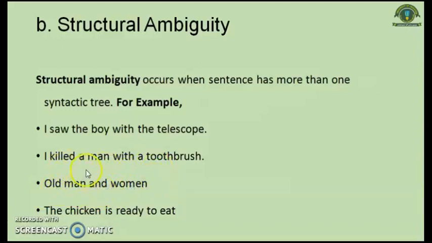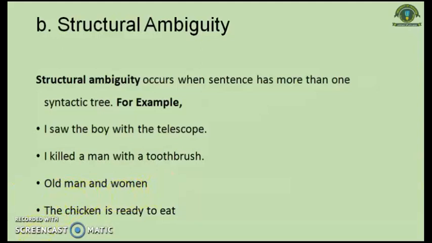But if I put the bracket only around old man, it will only modify the man, not the woman. So old men and women, whenever we write it, gives a double interpretation, or multiple meanings. So it is a structural ambiguity.